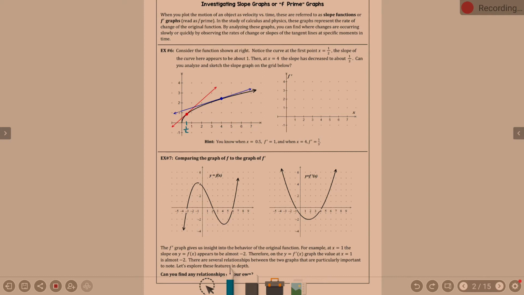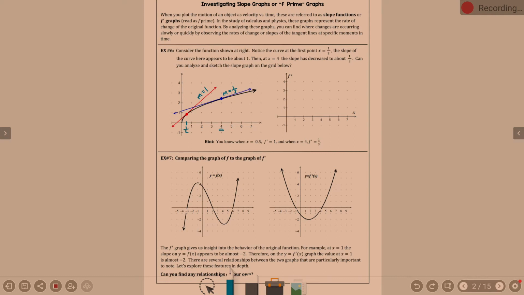So that red line is putting a point at 1/2, drawing the tangent line. They are saying that this slope here is approximately 1, correct? Then, at x equals 4, the slope has decreased to about 1/3. Can you analyze and sketch the slope graph on the grid below? So then over at 4, the blue line represents a slope of approximately 1/3.